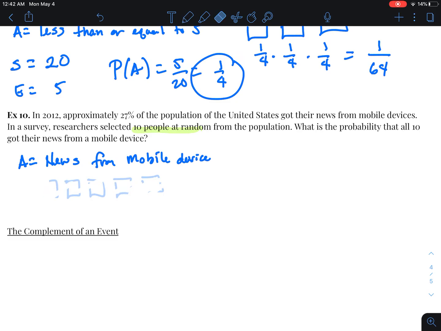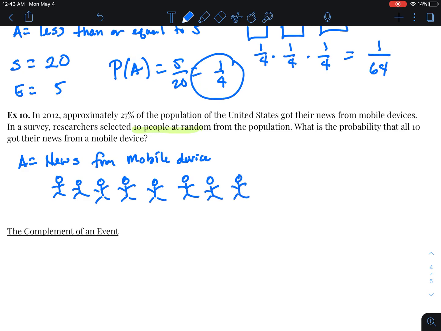Actually, let's draw stick figures since they're people. 4, 5, 6, 7, 8, 9, 10.